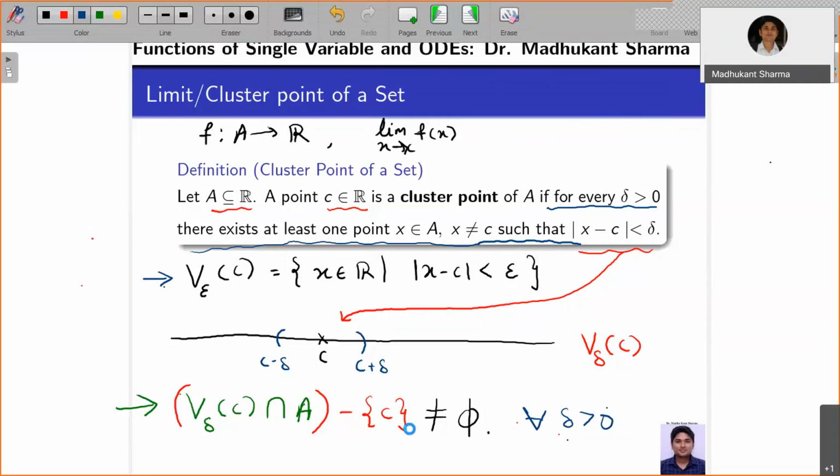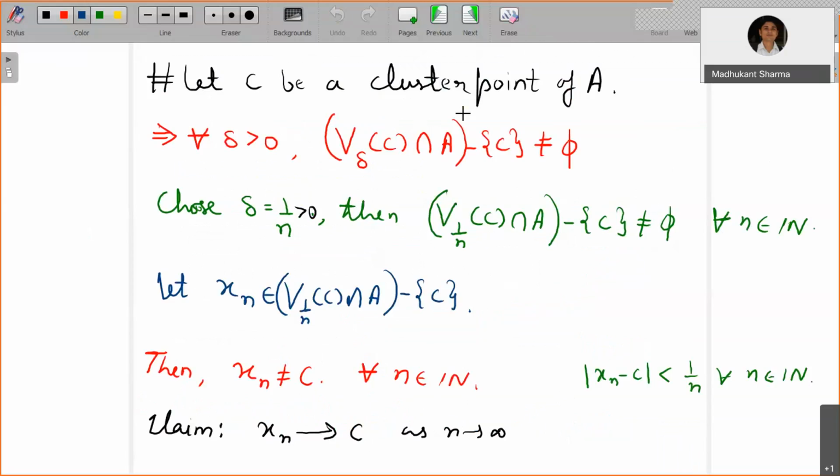Now let c be a cluster point of A. Then certainly for every delta, the delta neighborhood of c contains at least one point of A other than c. So we choose delta equal to 1 by n, where n belongs to the natural numbers. Then from the above definition, the following set remains non-empty.